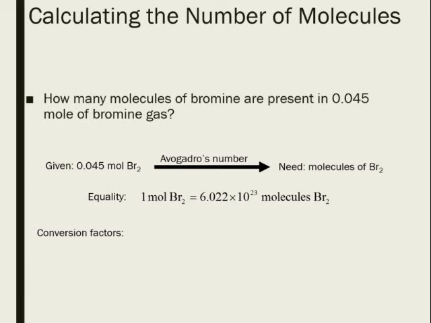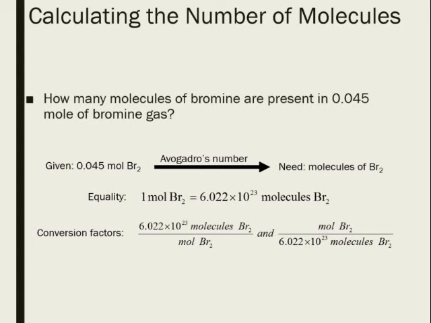So I can use that statement of equality to create conversion factors. And these are the two versions of these conversion factors I can have. I can either be converting from moles to molecules, or I can be converting from molecules to moles. And all you have to do is flip numerator and denominator so that those units will cancel.